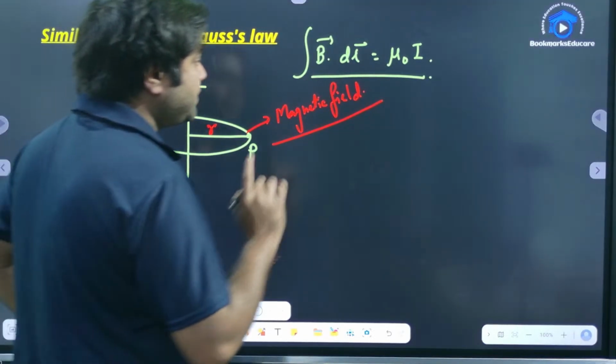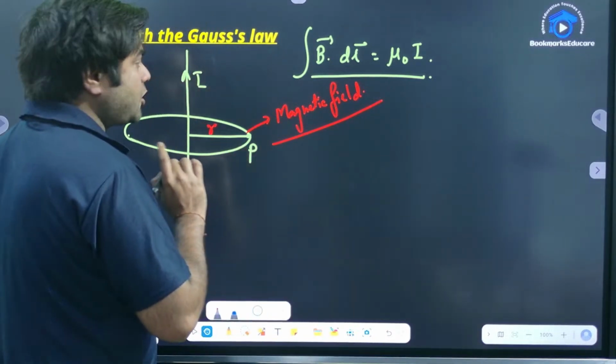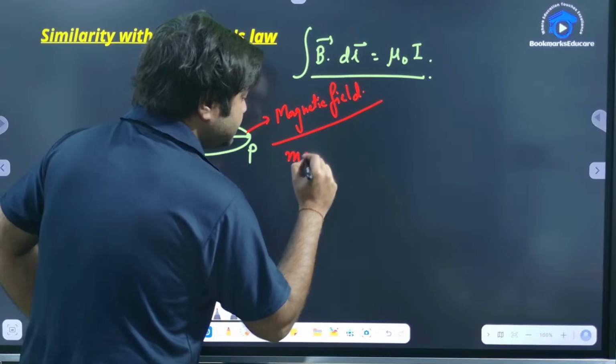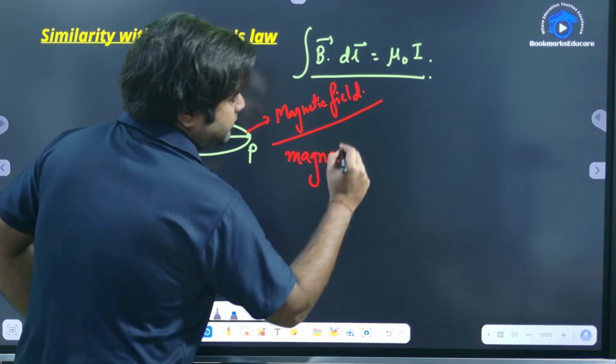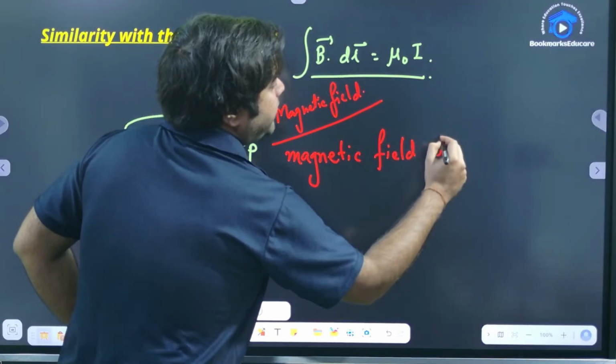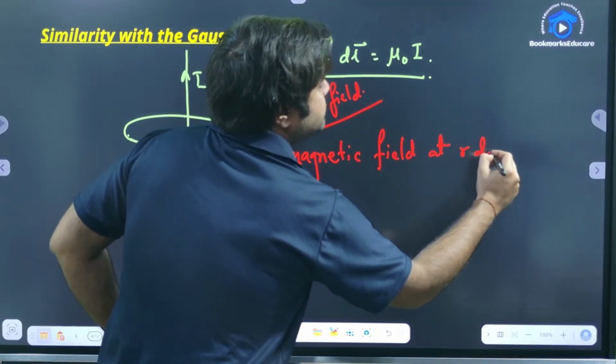Then we know that by using Biot-Savart's law we can arrive at the magnetic field at r distance.